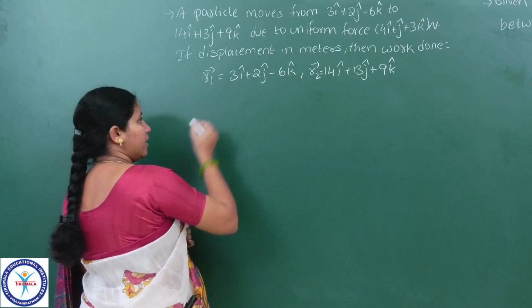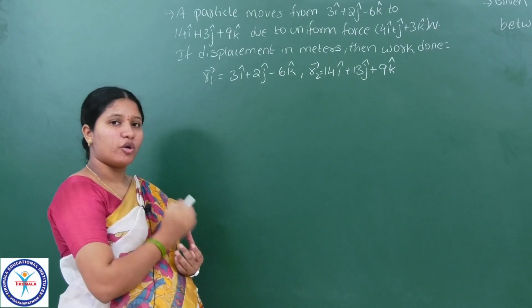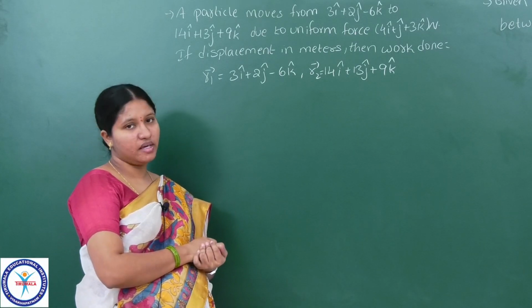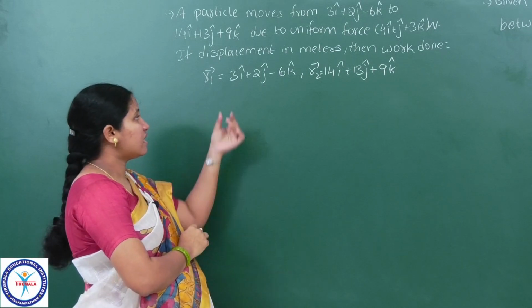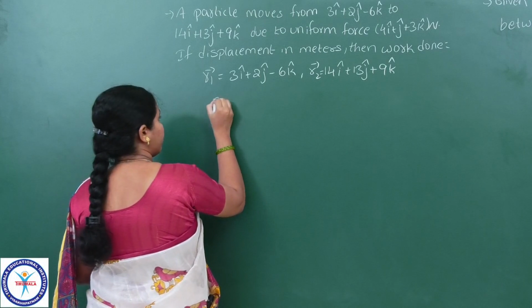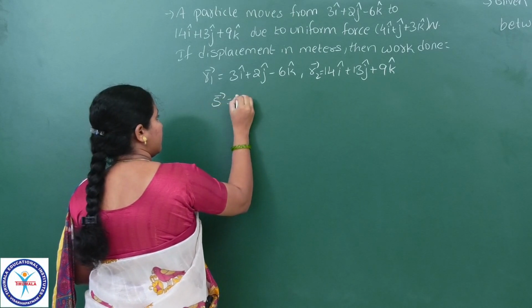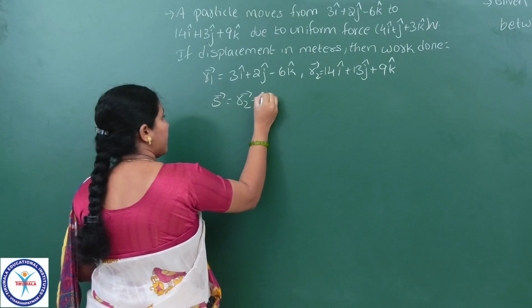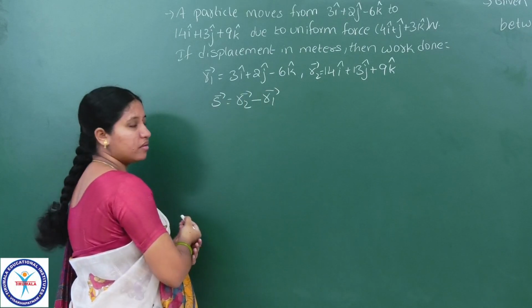So, work done is given by the formula dot product of force and displacement. So, first let us find out the displacement. So, displacement S bar is equal to r2 bar minus r1 bar.